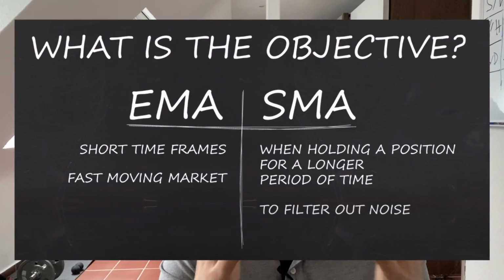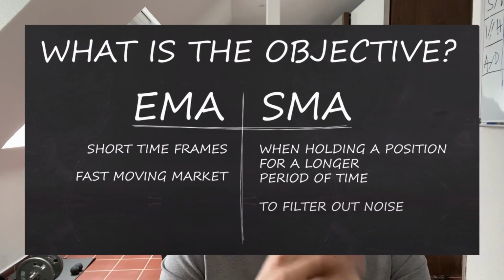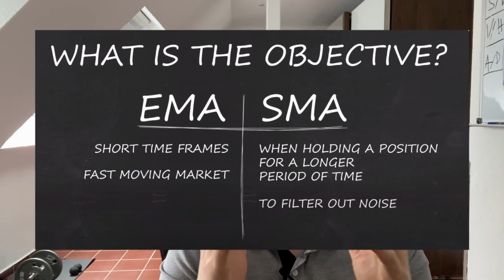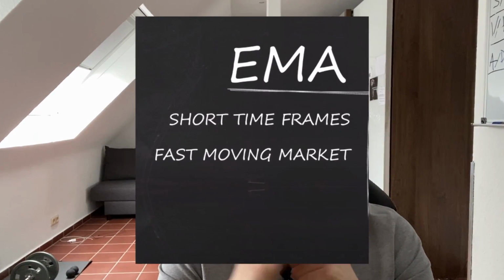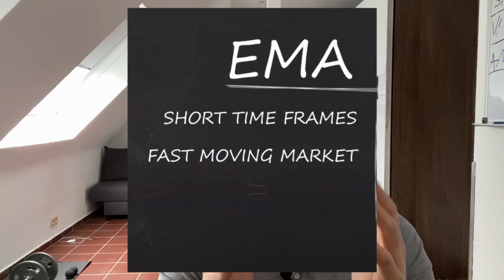So, when and how should you use moving averages? Deciding which moving average to use and the time period will depend largely on your objective. Use exponential moving averages for shorter time frames, or if you are analyzing a fast moving market, as you would have more emphasis on the latest prices.